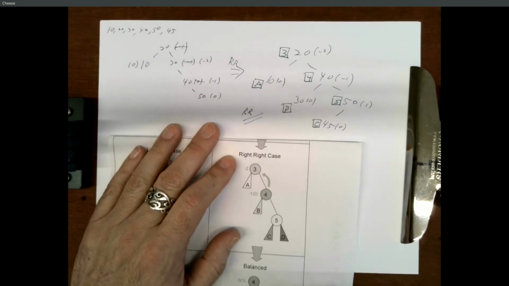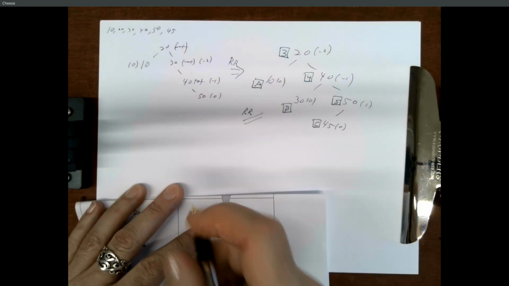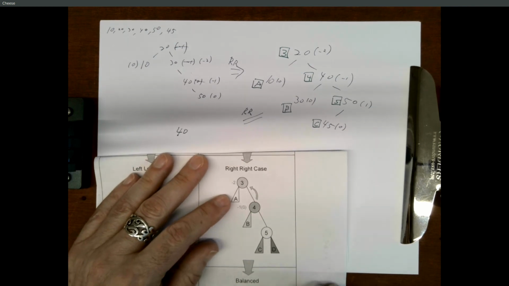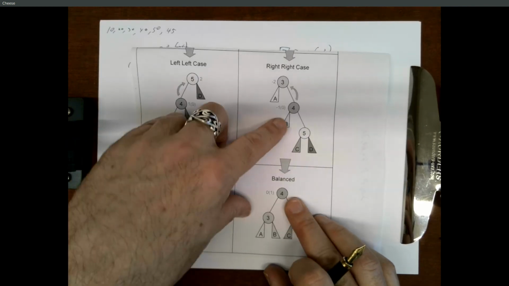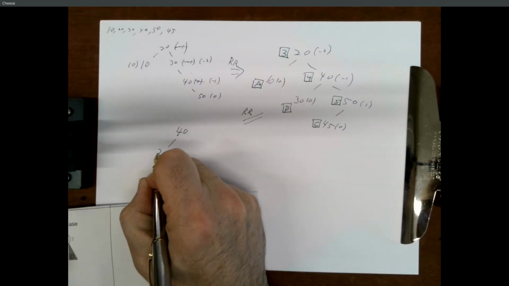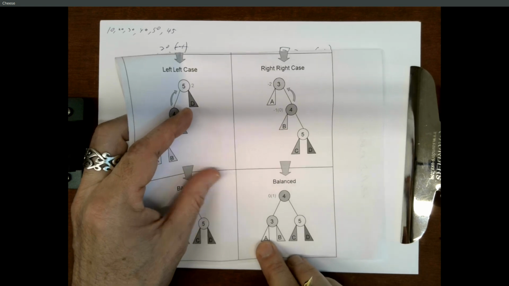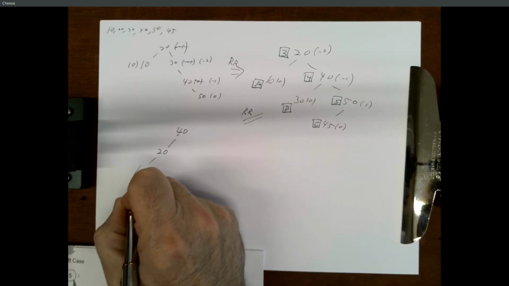So the right rotation, well, node 4 is going to become the new root. So that's going to be 40. Node 3 is going to go to the left of node 4, so the 20 is going to come down here on the left. Node 3's left child will stay the same, that'll be A, so this will still be a 10.